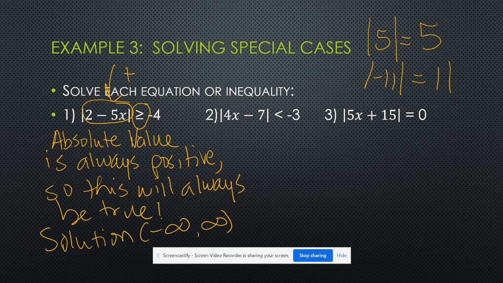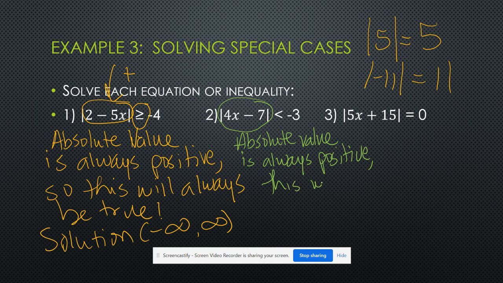For example 2, again, we have an absolute value here. If absolute value is always positive, this will never be true, because a positive will never be less than a negative value.